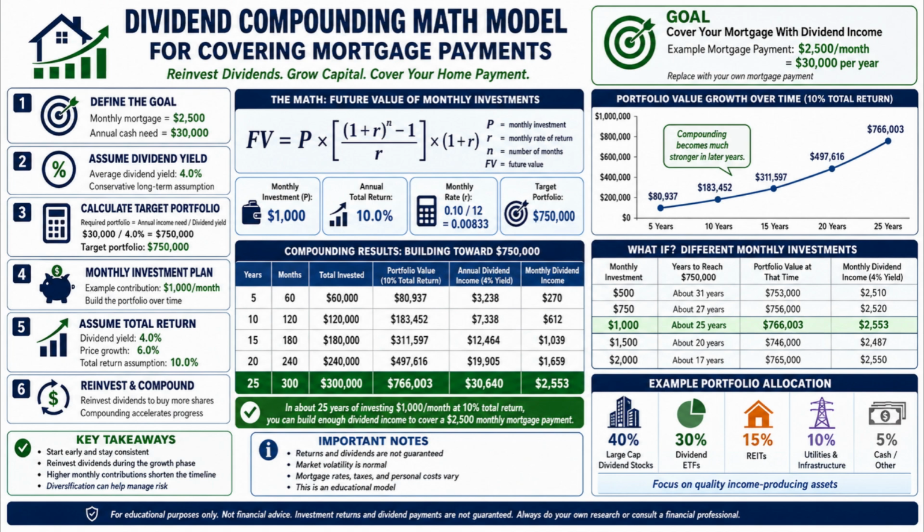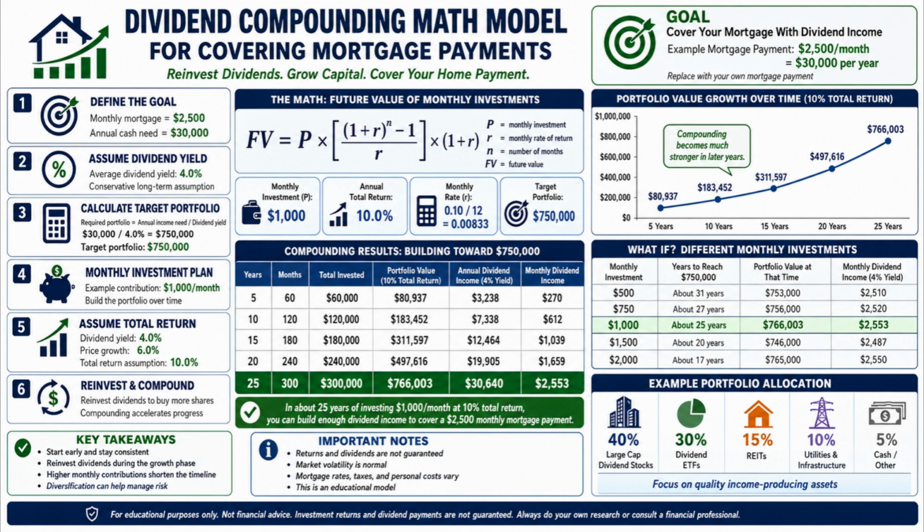After 20 years, total contributions would become $240,000. The portfolio may grow to approximately $497,616. At a 4% yield, the dividend income could reach about $19,905 per year, or around $1,659 per month. Finally, after about 25 years, total contributions would equal $300,000.